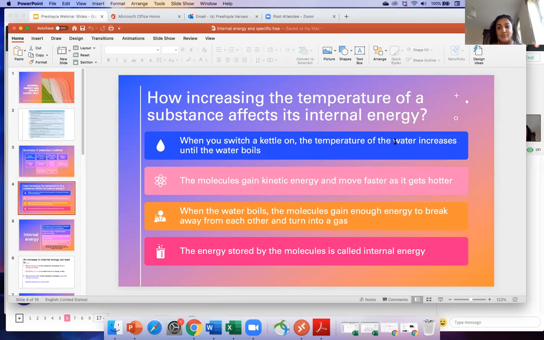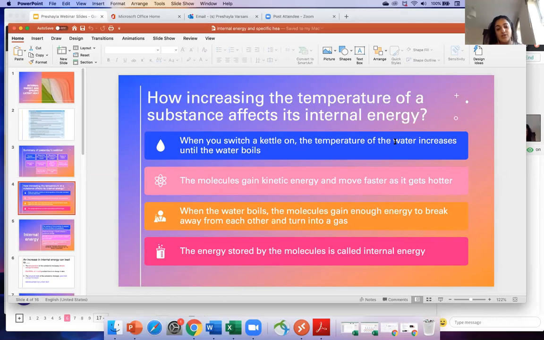So these molecules get more energy and they get faster because of this temperature. Now, when the water boils, the molecules gain enough energy to break away from each other and turn into a gas. They break those bonds and they start flying off and turning into a gas.